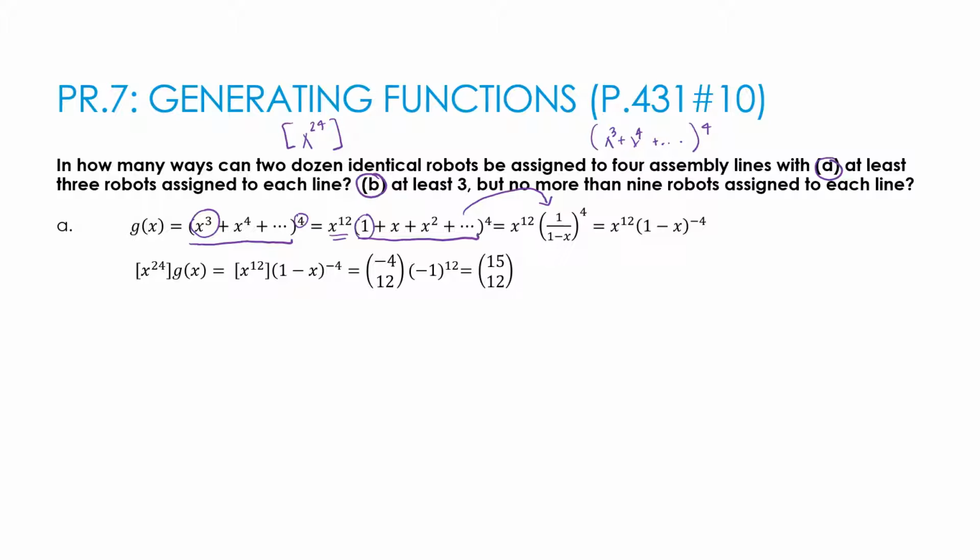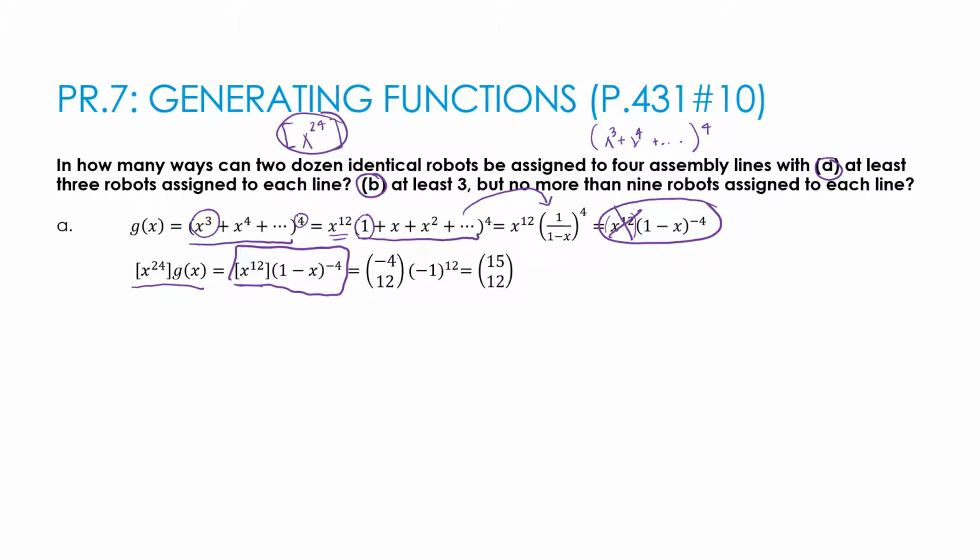And again, I'm rewriting that as 1 minus x to the negative 4th. This is x to the 12th that I've factored out, so instead of looking for x to the 24th of that function, I'm now looking for x to the 12th because I'm essentially shifting it 12 spaces. So this is what I'm really looking for.